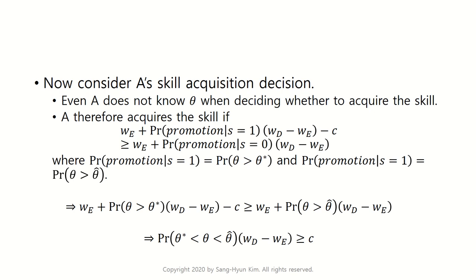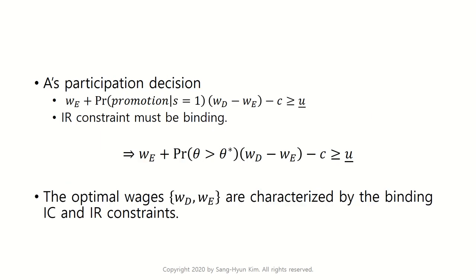Okay, so this is the condition for the worker to make an investment. This is the third stage problem, and then we move backward, we move upward to see the participation decision of the agent.